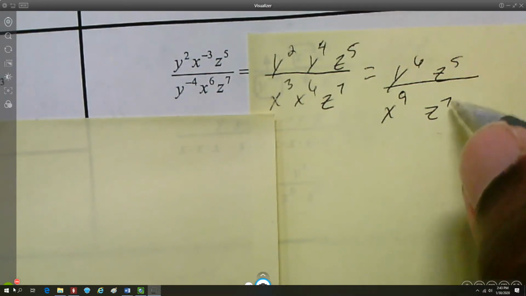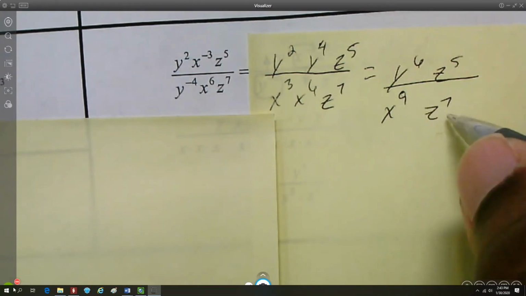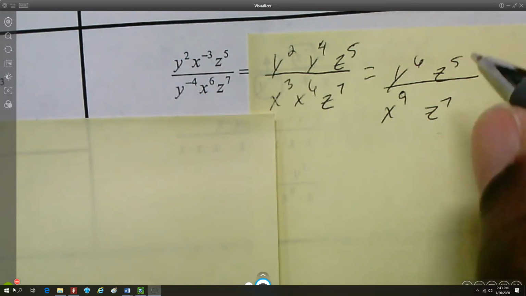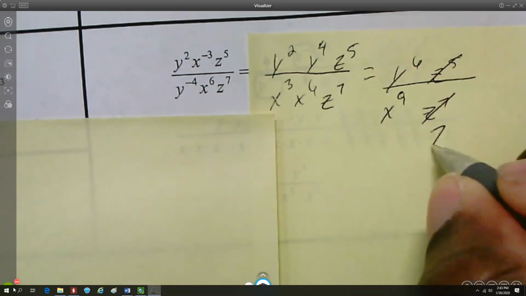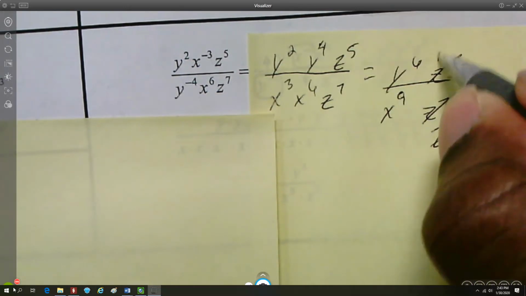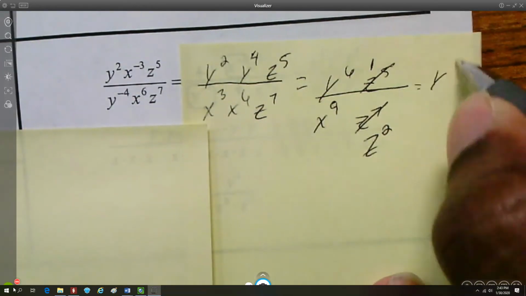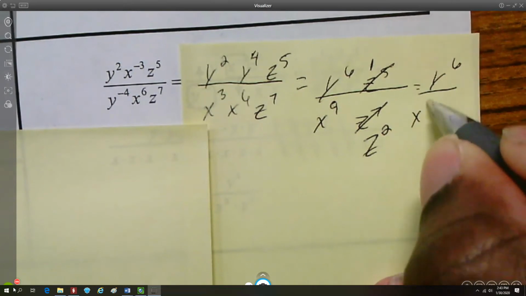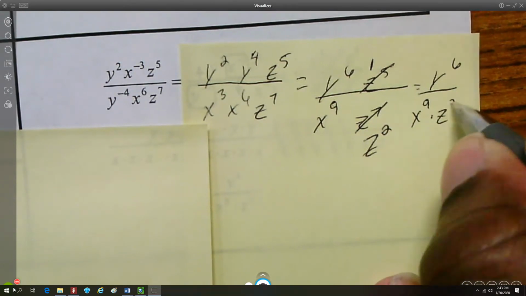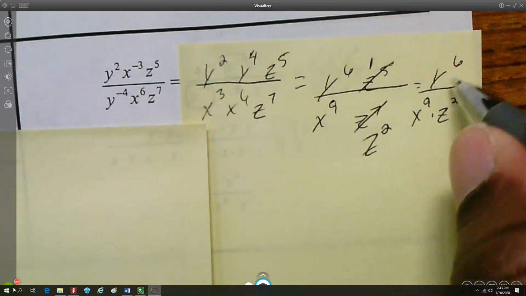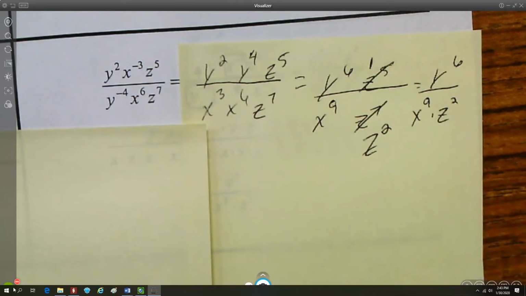The difference between 7 and 5 is 2. And I've got a higher exponent on the bottom, so there should be z to the second on the bottom. So these cancel to be z to the second on the bottom, and this becomes a 1. So the final answer for this one should be y to the sixth over x to the ninth times z to the second.